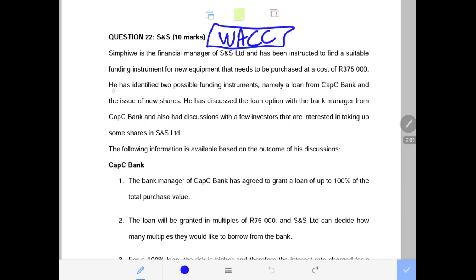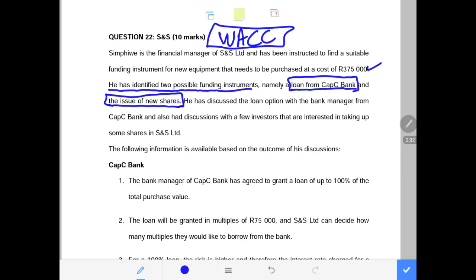It further says that he has identified two possible funding instruments, namely the loan from the bank and the issue of shares. So there are two sources of funds that are available to fund the purchase of the equipment that is costing 375,000. First one is the loan from Cape Bank, and the issue of shares, of which the issue of shares is likely to be categorized as equity.